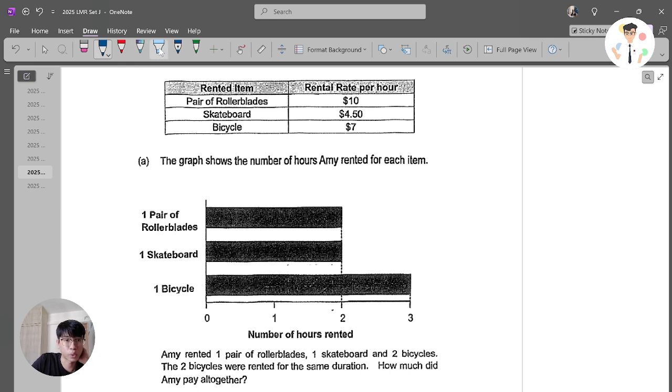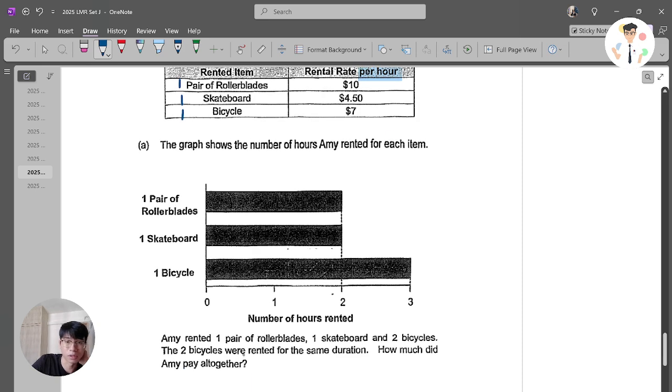Just a quick reminder: this is per hour, and this is 1 item. So it means you have 1 pair, 1 skateboard, 1 bicycle. Here, ME rented 1 pair of rollerblades, 1 skateboard, and 2 bicycles. And the 2 bicycles were rented for the same duration. How much did ME pay altogether?